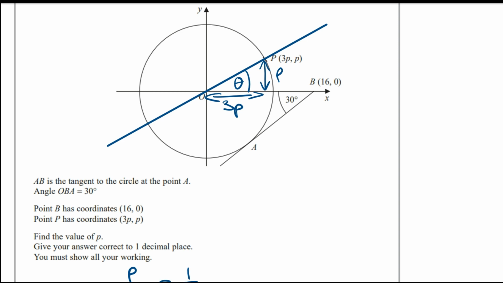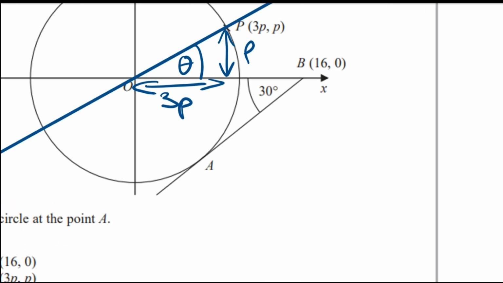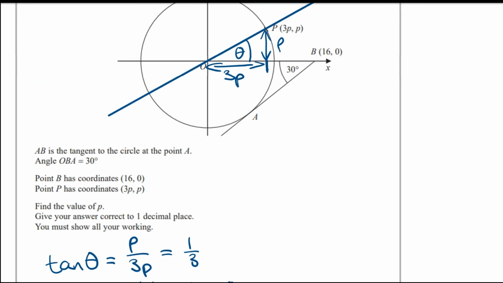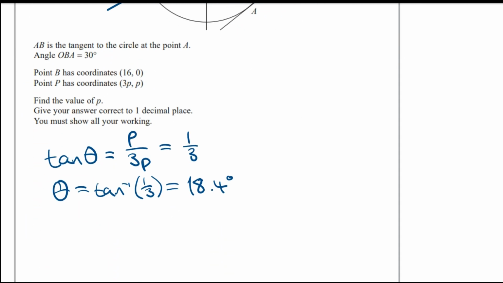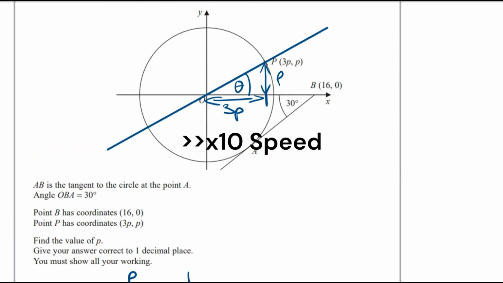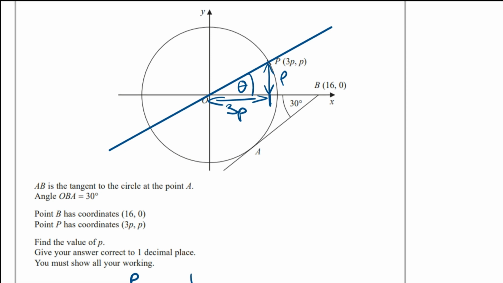Now we can have a think about, we can figure out what the hypotenuse length is from OB. Actually, we know what OB is. OB is 16. So OB equals 16. Okay, I think I've got it, guys.